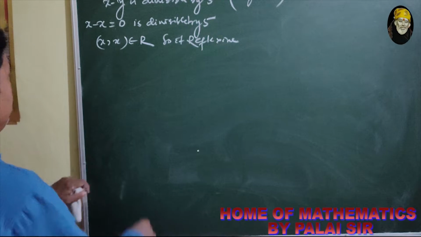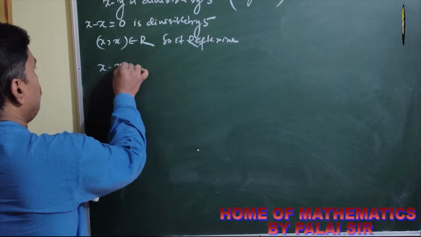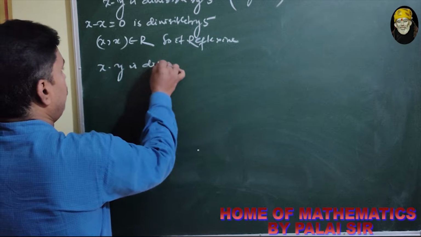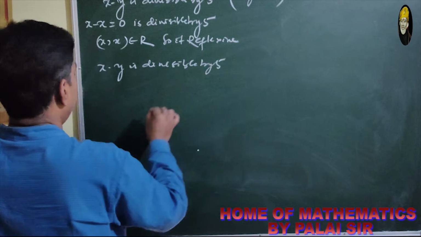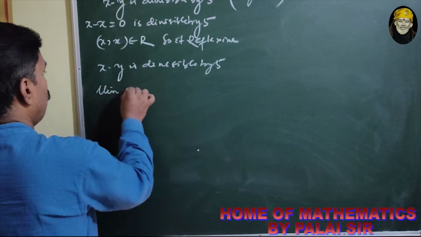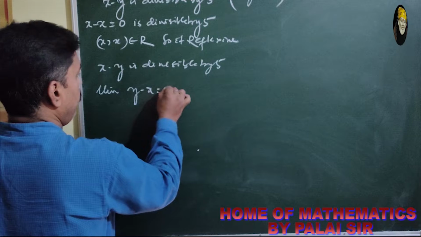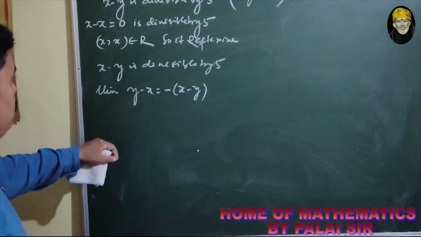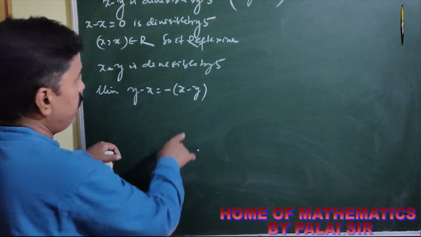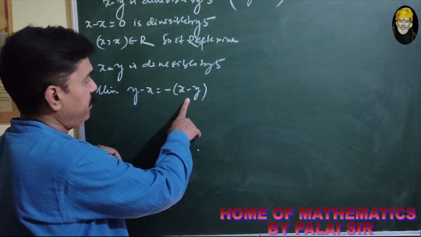Second, you take, if x minus y is divisible by 5, then y minus x will be minus of x minus y. So when x minus y is already divisible by 5, then minus of x minus y is also divisible by 5.